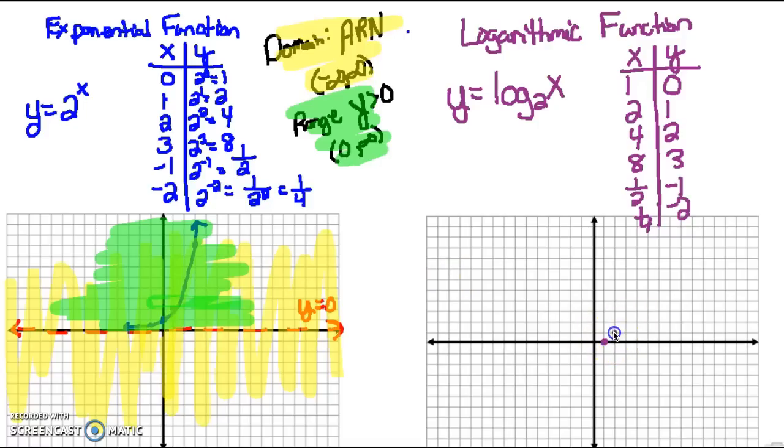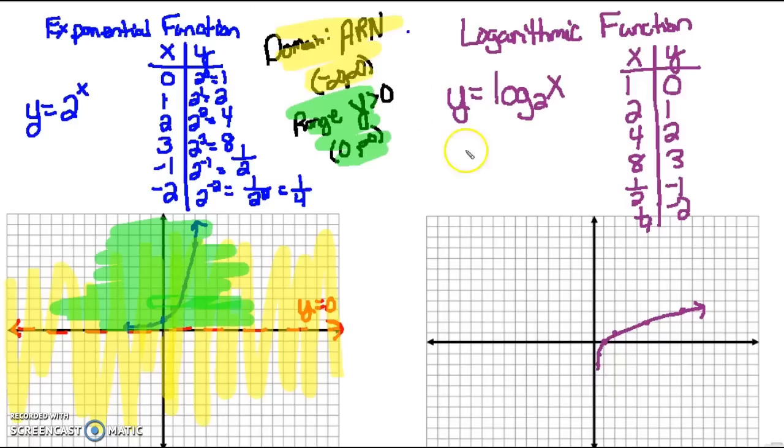2, 1, 4, 2, and 8, 3. If you go over a half, we're down to negative 1. If you go over a fourth, we're down to negative 2. So this, if you think about it, should be a reflection over the line y equals x.